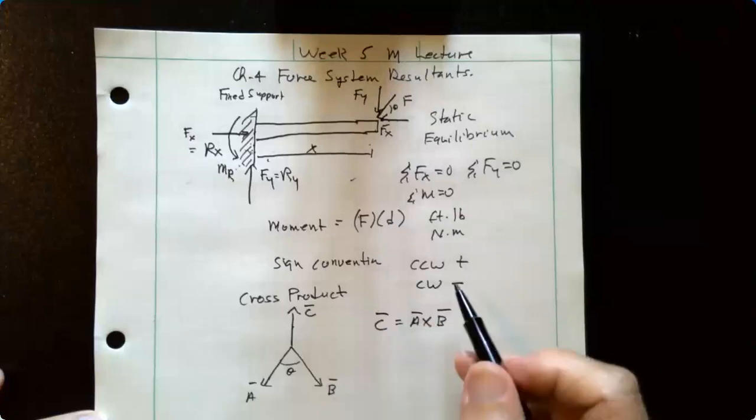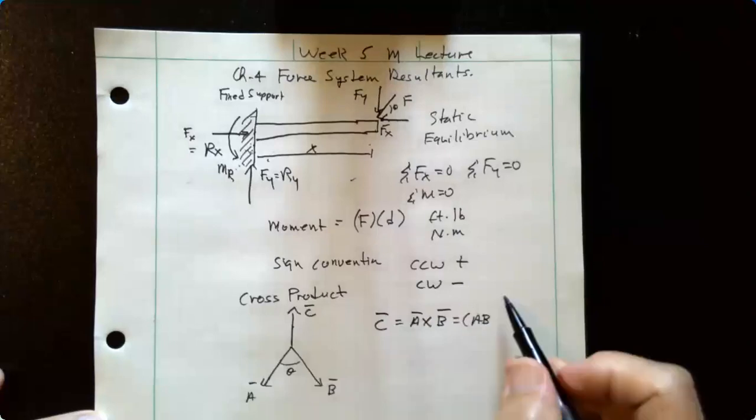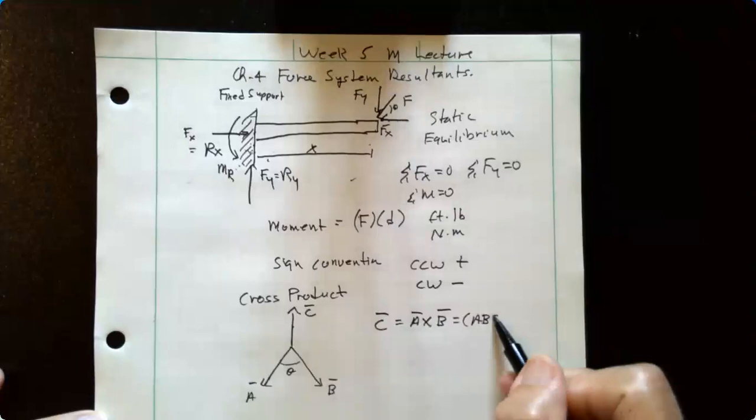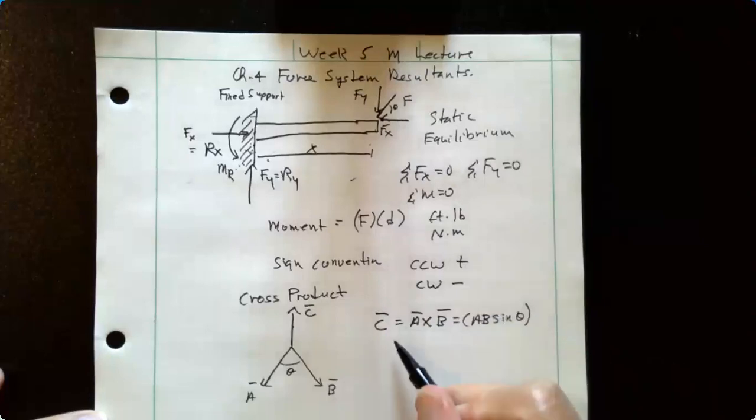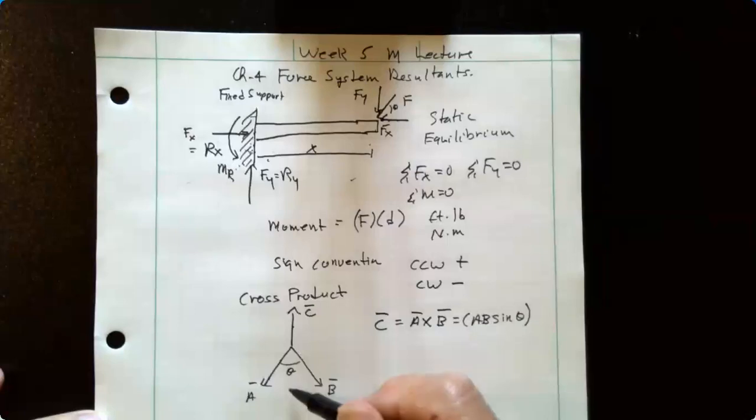And you can write this in scalar form. It's equal to AB sine of theta as scalar quantities. So this cross product, and this C is going to be perpendicular to A and B. So it'll be perpendicular to the plane of A and B. A and B are in this, say, an XY plane.